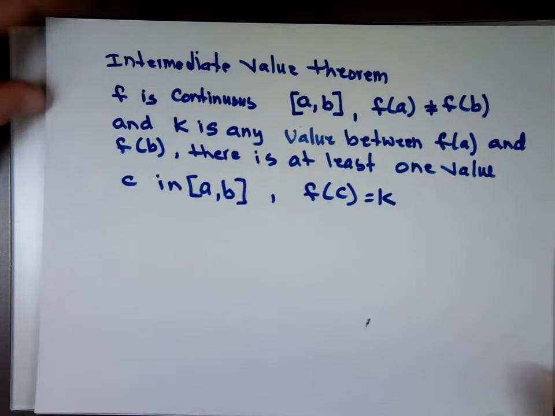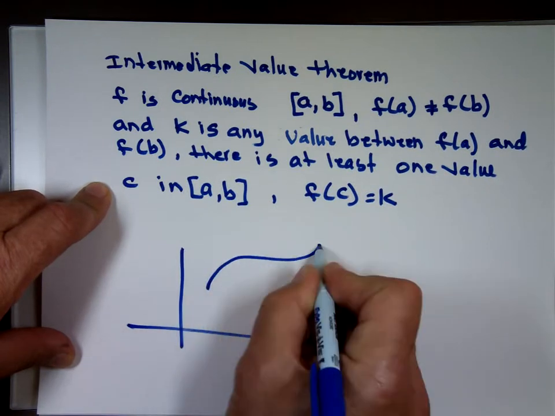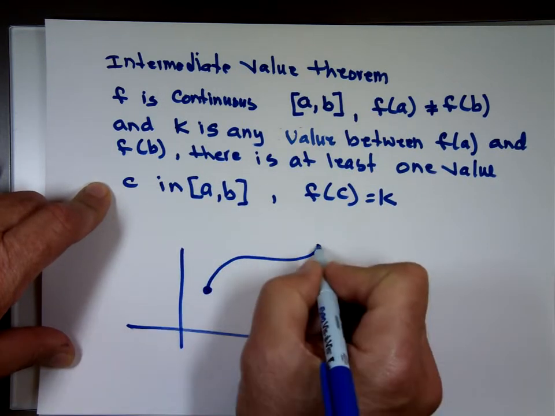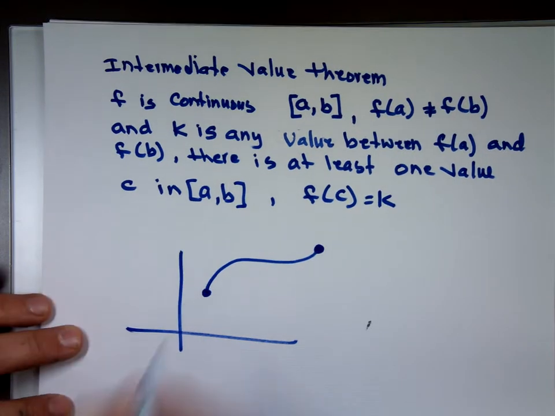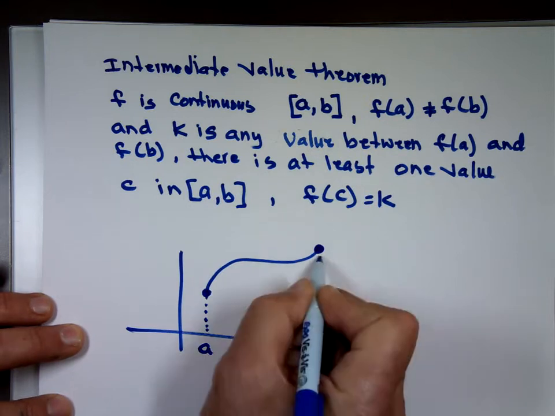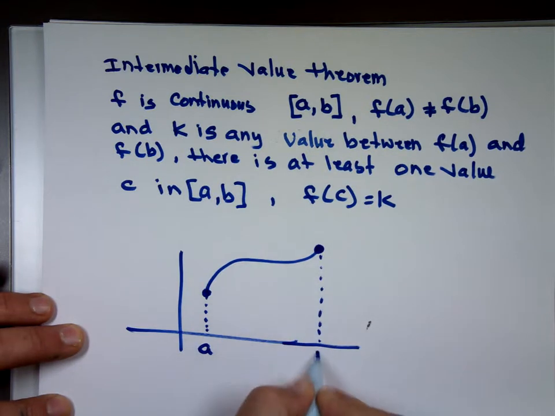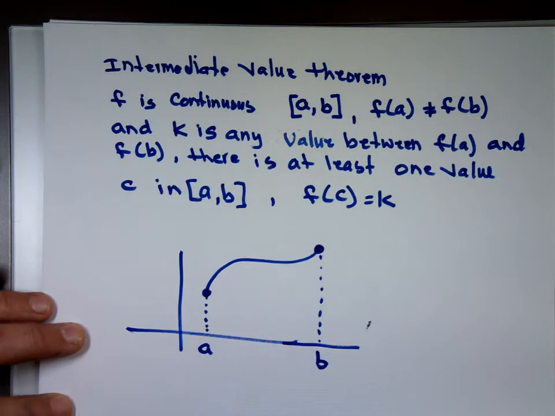So, an example to explain that. If we have a function like this, let's see if that fits the criteria. This is A, and this is B. Is the function continuous from A to B?